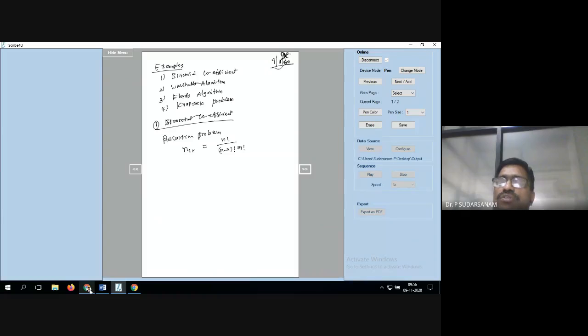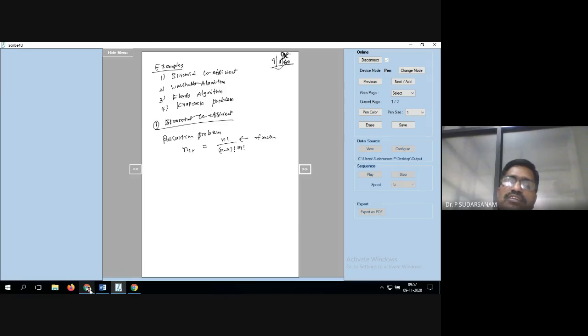So when you want to write the C program here, what will you do? Enter the coefficients n comma r. For example, 4C2. First you send 4 factorial, calling the factorial function.